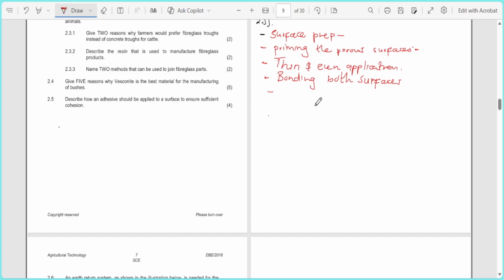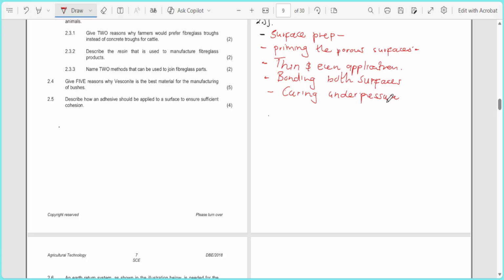All right, so another point that I can list here would be curing under pressure. Now that the two surfaces have been bonded together, it's time to allow the adhesive to start curing and securing the two materials once bonded.